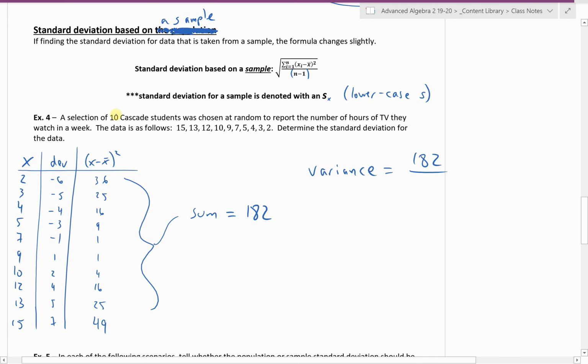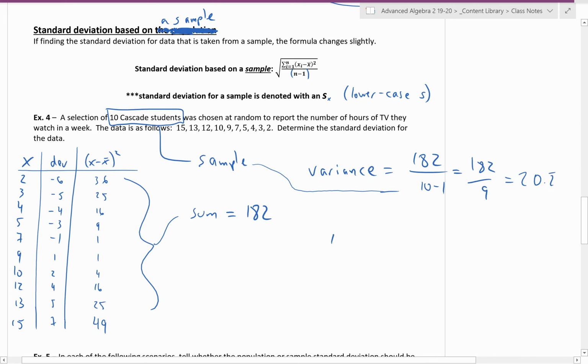But because we know that we're talking about a sample in this case, we divide by 1 less than the size of the group. So variance is 182 over 9, which is going to be 20.2 repeating. So there's our variance. We're asked to find standard deviation.